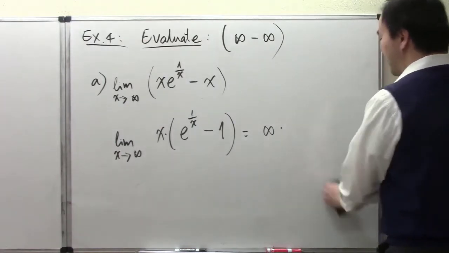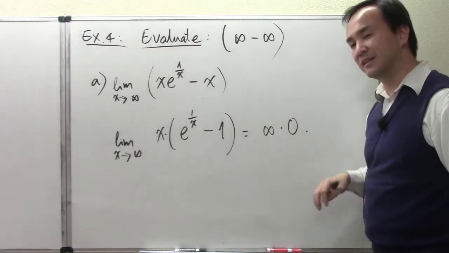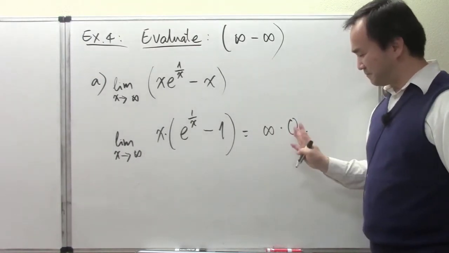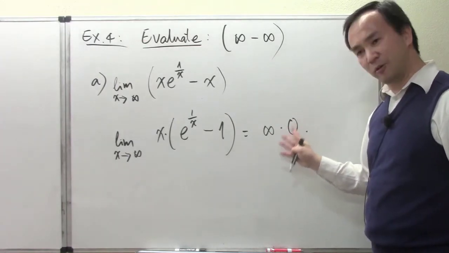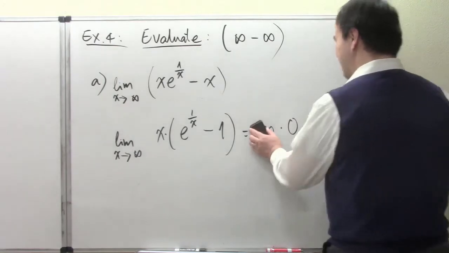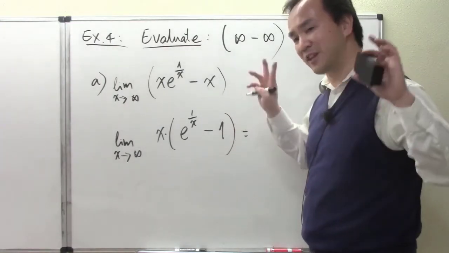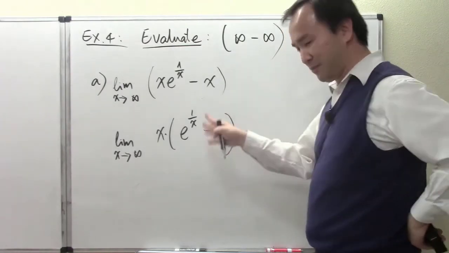So here we have another indeterminate, infinity times 0, that we learned a little bit how to manipulate back in example 3. But still, this is not where we can apply L'Hopital's rule directly. So here's what I'm doing. Back to that similar trick that people more commonly use, I'm going to stick with that trick as well.